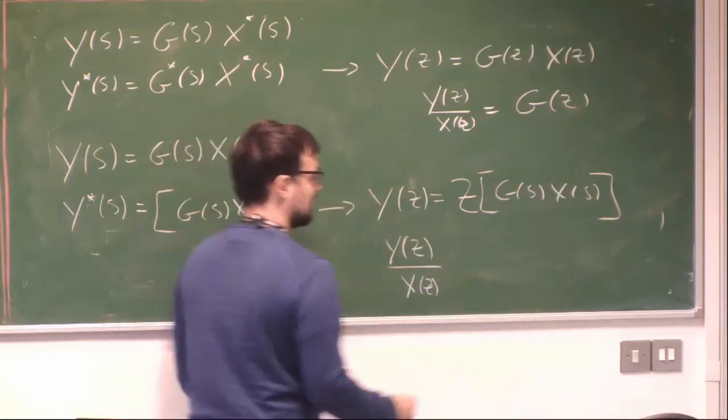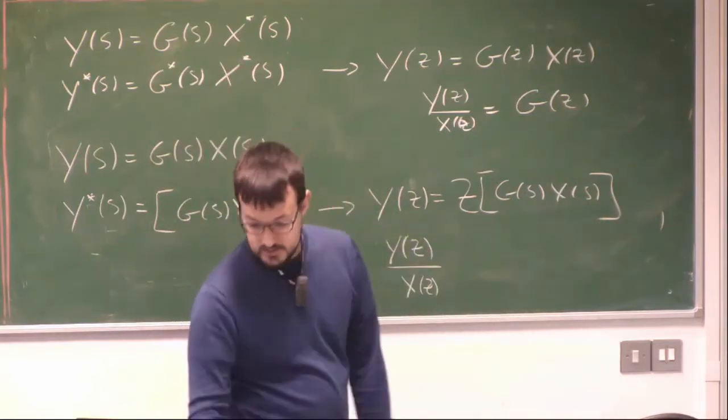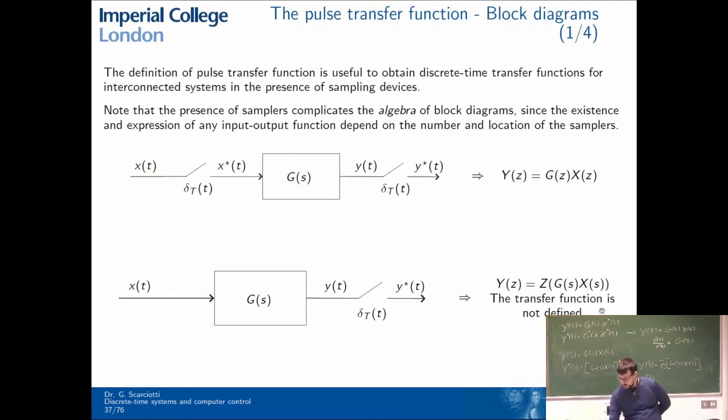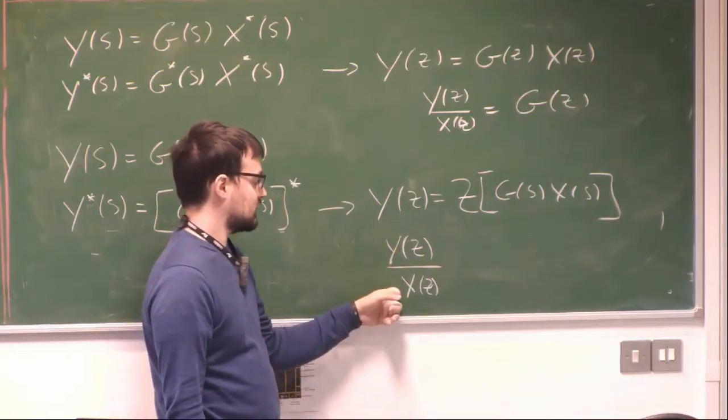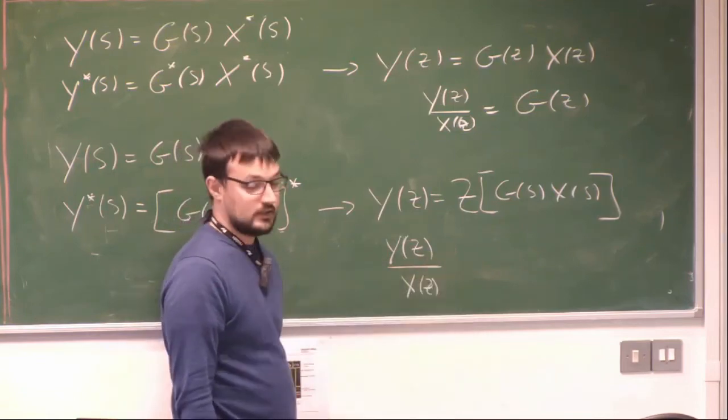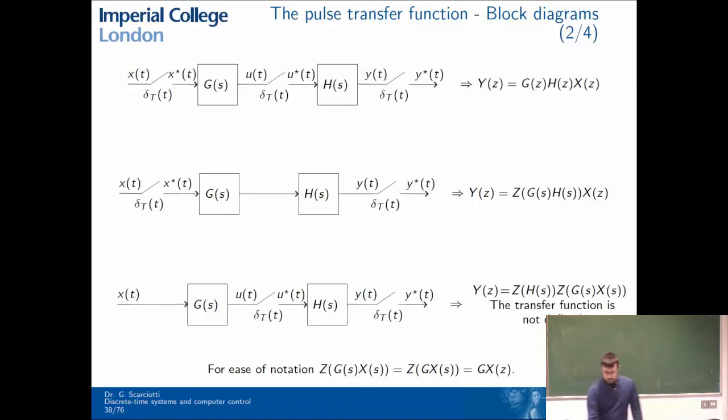So it means that in this case, as is explained here in the slide, the transfer function is not defined, because we cannot write the ratio between y(z) and x(z) equal to basically a function.